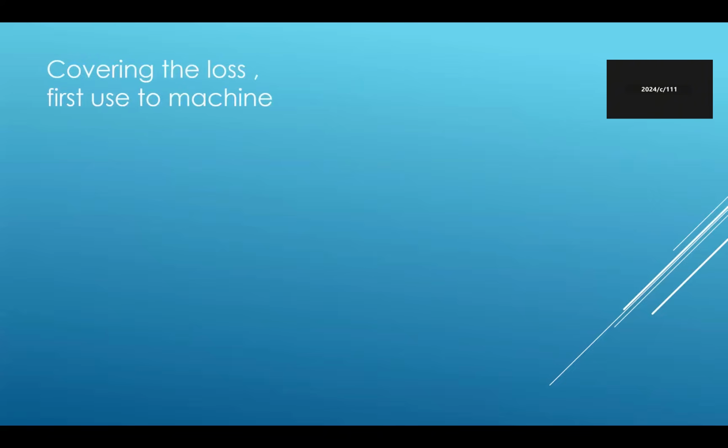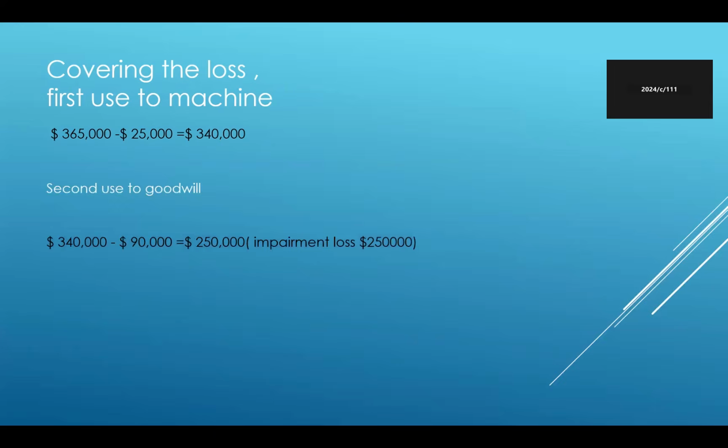Now identify the impairment loss and covering this loss. First, write off the machine: 365,000 subtract 25,000 equals 340,000. Secondly, use the goodwill: 340,000 subtracting 19,000 equals 321,000.